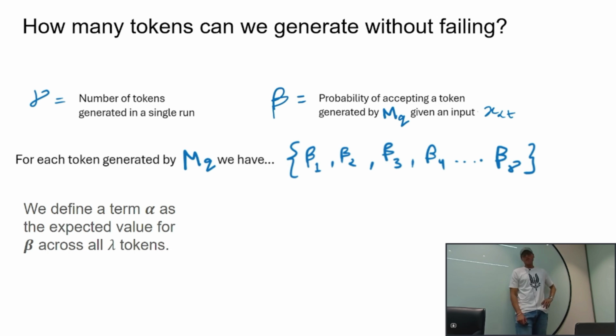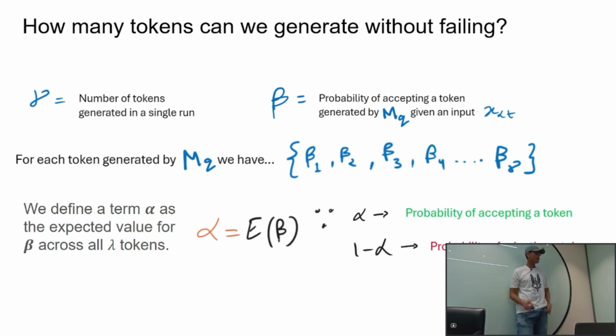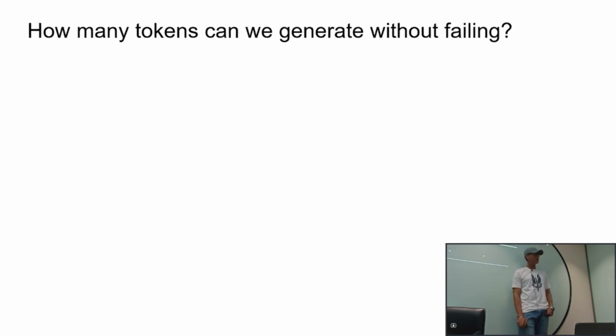If a model is generating the tokens, all the tokens generated by the same model will have almost the same probability of getting accepted. So I can just take an average of all of these beta values, which is the expected value of beta, and I can call it alpha. Now alpha is the probability of accepting a token, and 1 minus alpha is the probability of rejecting a token.